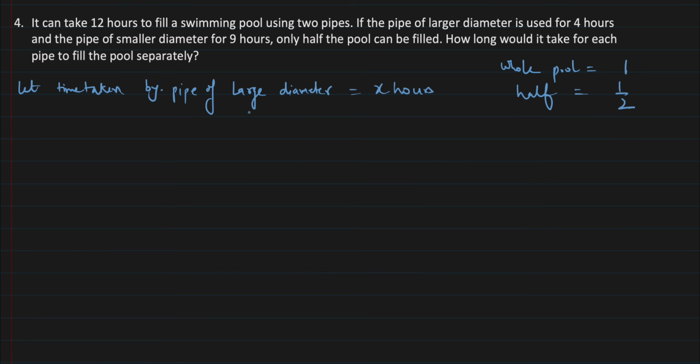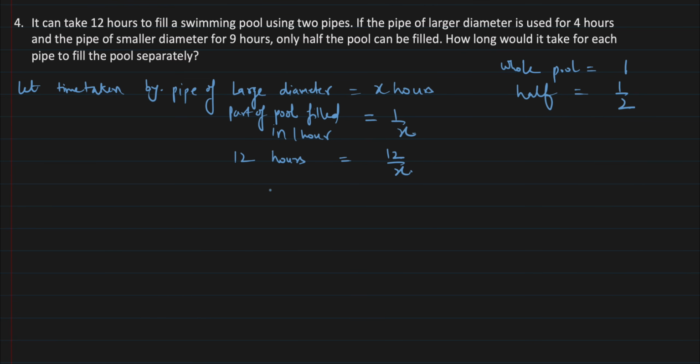Okay, so in 1 hour how much pool will be filled by this pipe? Part of pool filled in 1 hour will be how much then? 1 by x by this larger diameter, right? Now if it works for 12 hours, how much will it fill? 12 by x, right? Part of the pool, right?